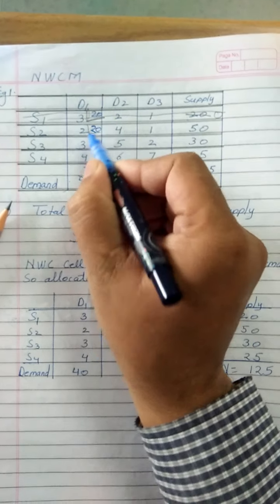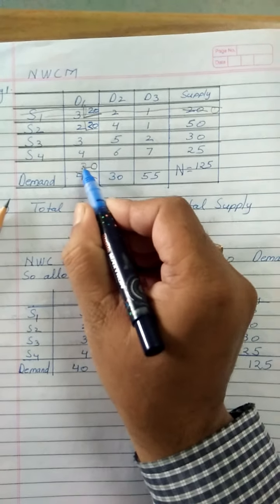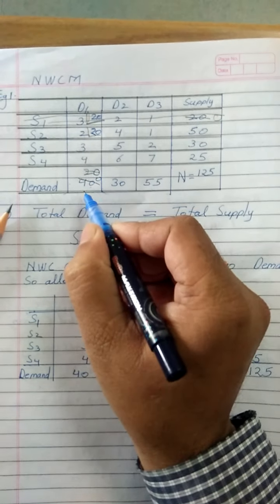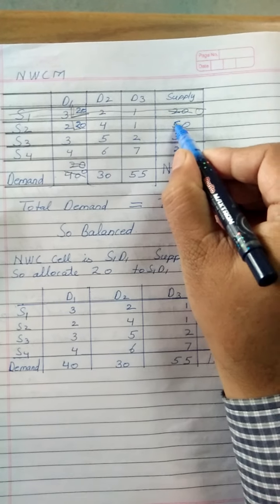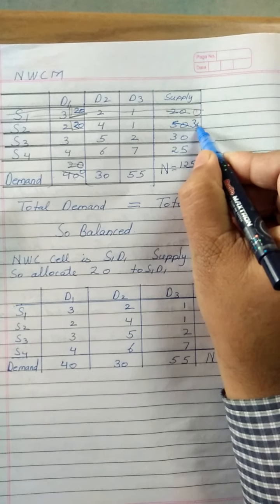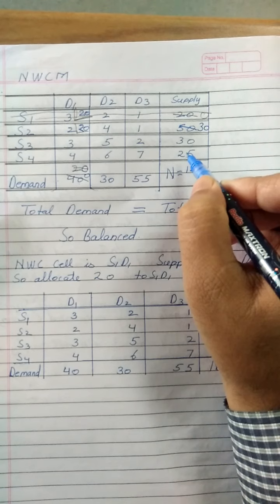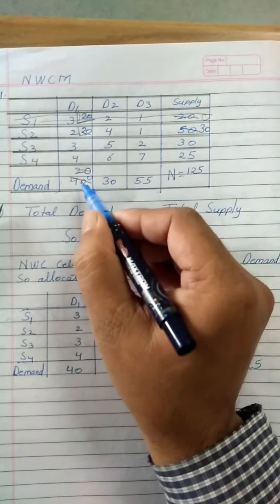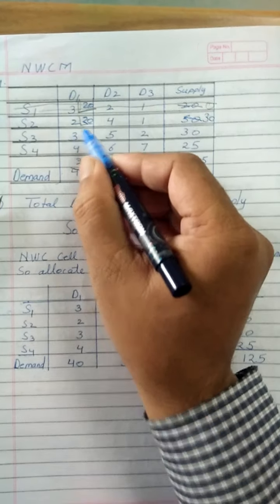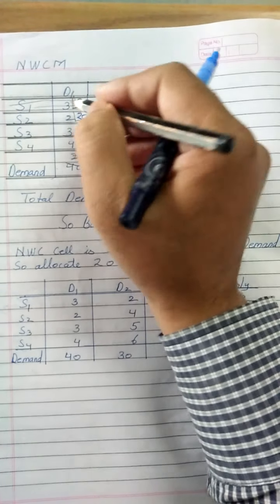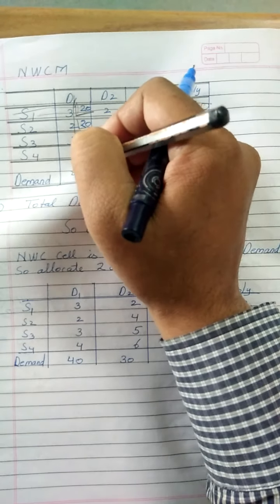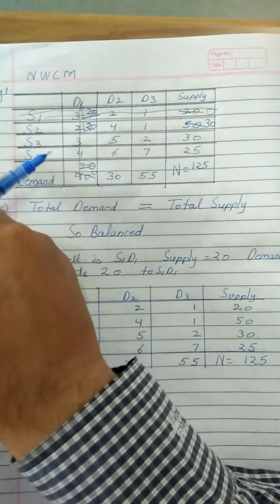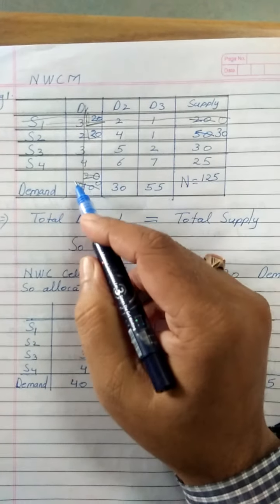Now if we allocate 20, this 20 will become 0. Again of this 50 we have given 20, so this will become 30. Now if you see, destination D1 required 40. We have already given 20 and 20, that is 40. So here we can draw a line specifying that D1 has already received what it demanded.